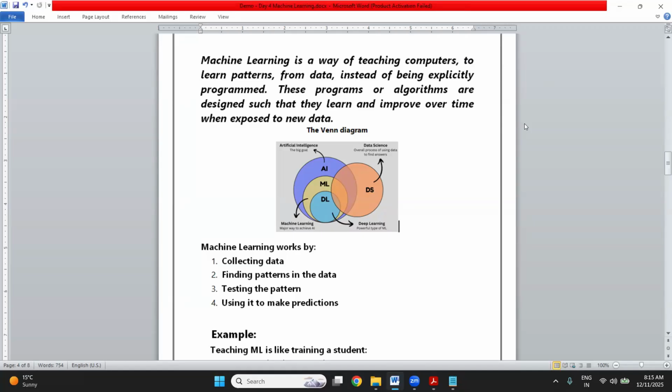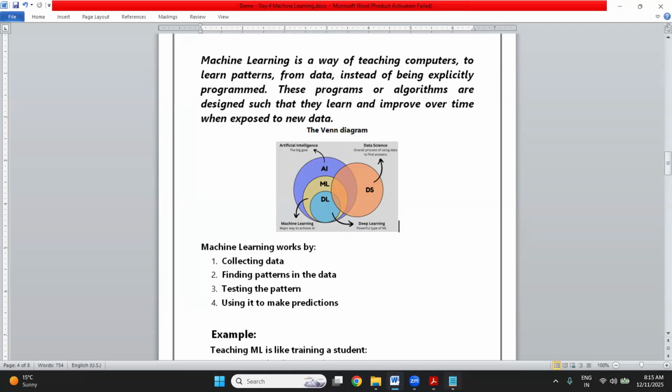If our data is very huge and complicated, and our requirement is very critical to understand and to provide the output, then we will go for deep learning. So basically, machine learning uses basic algorithms and deep learning uses advanced algorithms. Advanced algorithms are also called neural networks.